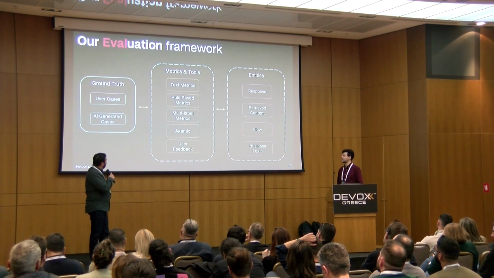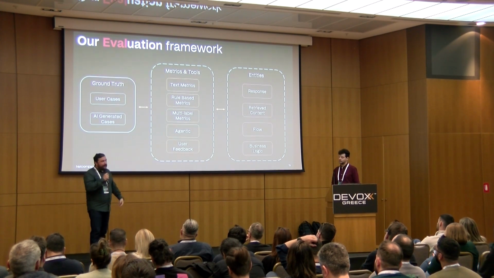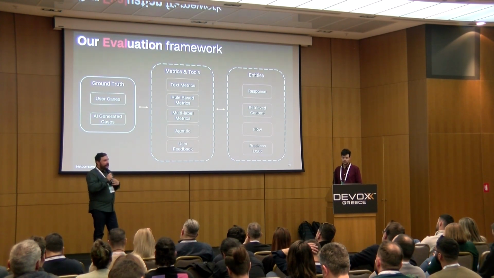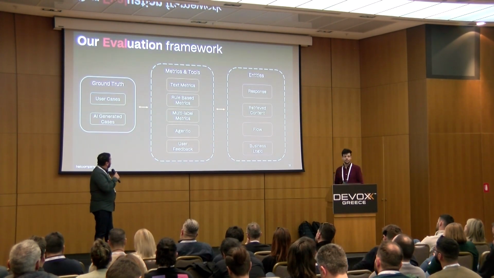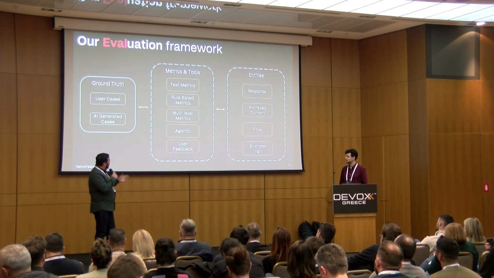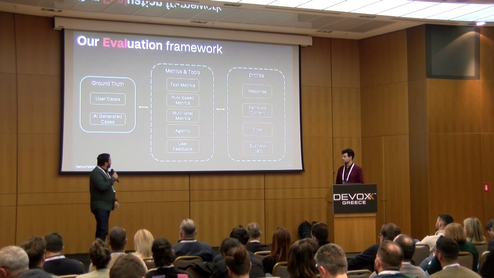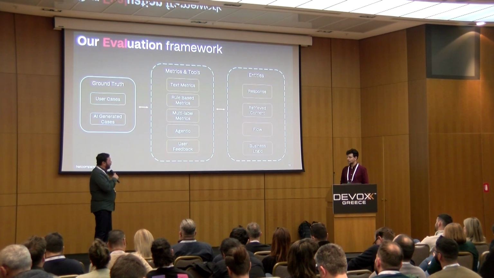Of course, we have multi-label metrics: do we have the chunks, all the necessary things that are needed to generate the correct answer? And of course, we have an agentic approach. We ask the LLM to validate the procedure. And of course, we incorporate the user feedback.